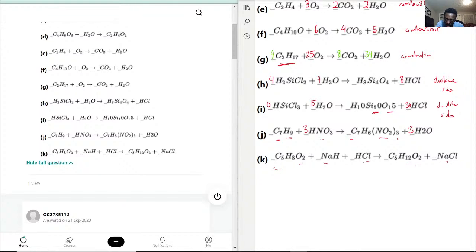But the carbons stayed the same. So the only way for that to happen is if these two were to double. And that's it. Because now we have 8 plus 9 plus 10 plus 11 plus 12, which is each 12 right there.